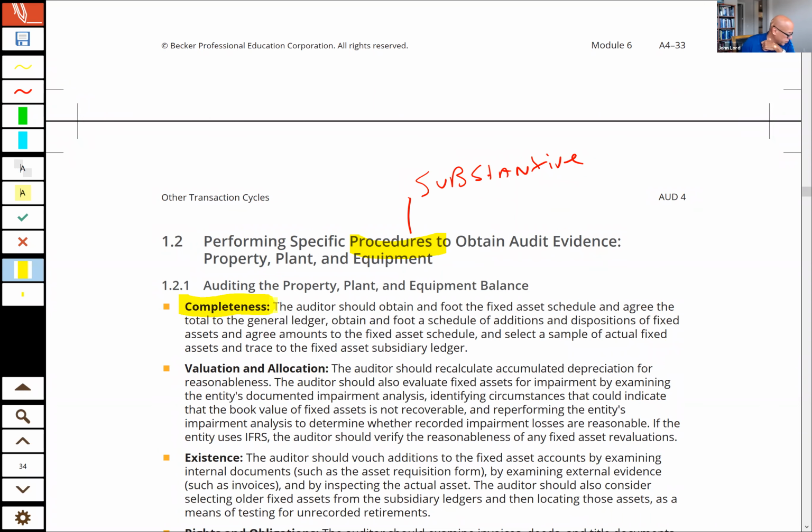So we first start talking about completeness, and they say select a sample of actual fixed assets, say this mouse, and they go and they take it back to the accounting records. That's completeness. That is consistent with what we've said about completeness for every single account now, and we're continuing to apply that to our property, plant, and equipment.